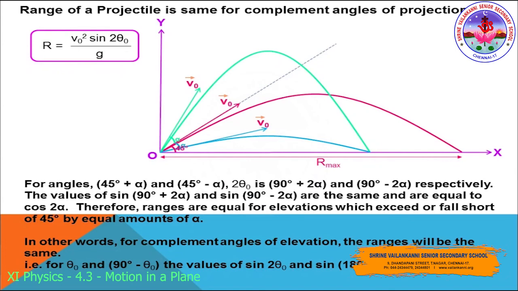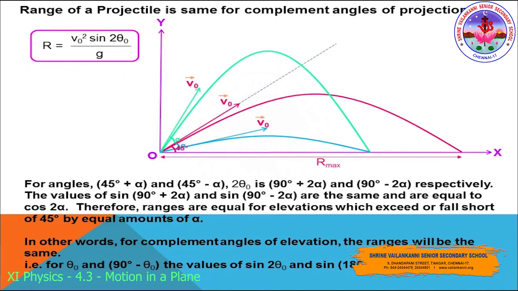Therefore, the ranges are equal for elevations which exceed or fall short of 45 degree by equal amounts. In other words, for complementary angles of elevation, the ranges will be the same. That is theta naught and 90 minus theta, the values of sine 2 theta, or sine 180 minus 2 theta, are the same.